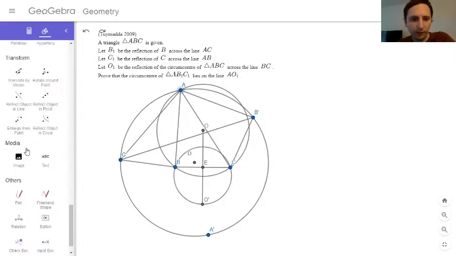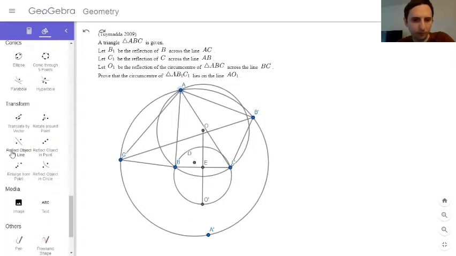So does the reflection of D over BC lie on this circle? No. Let me do this.